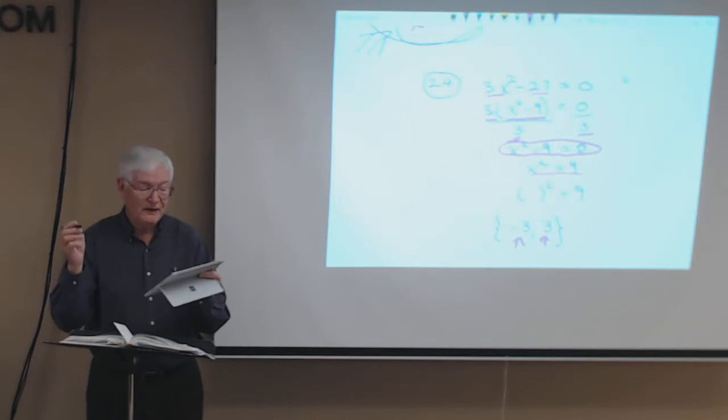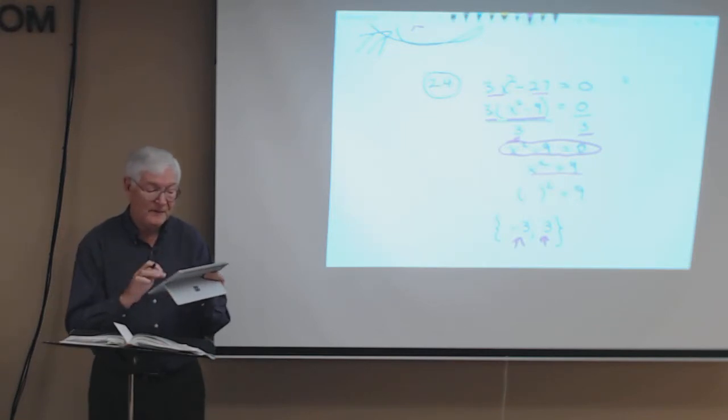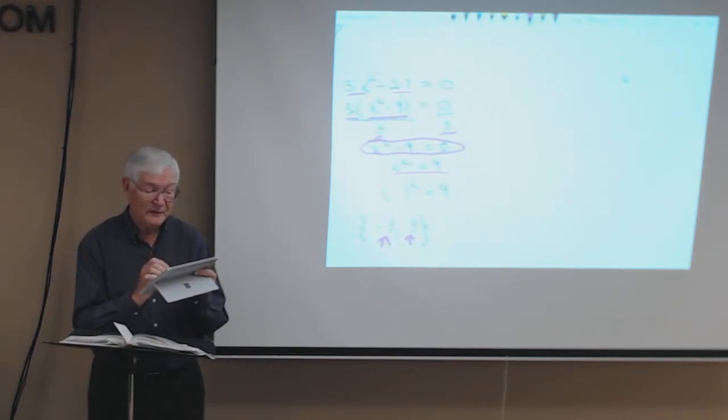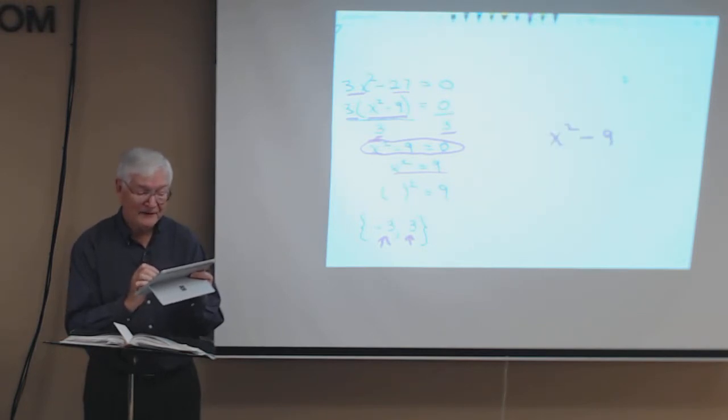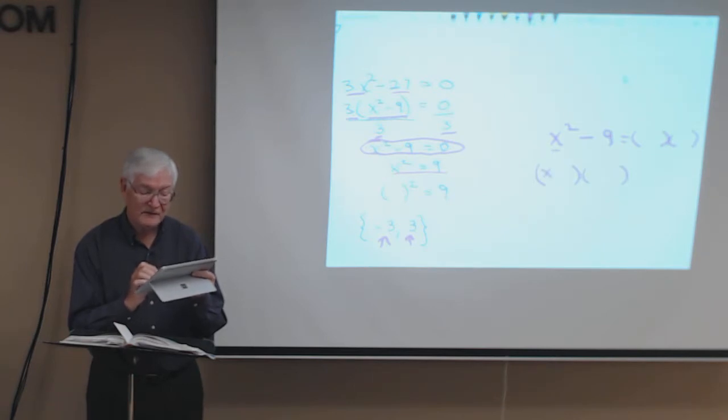But the book shows another way to work it. Let's just do it that way. Let's turn over here and go x squared minus 9. And I'm going to factor it. Equals 2 things multiplied. Well, this is the first term, so I get x and x.